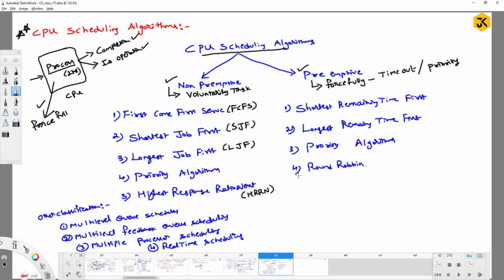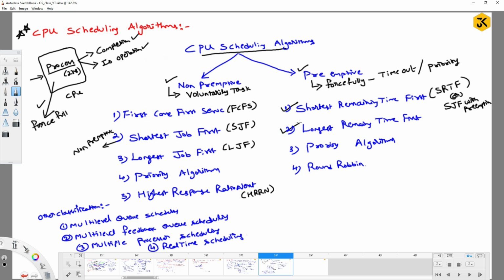Coming to preemptive algorithms, there is shortest remaining time first, which I can shortly call SRTF, or we can call it SJF with preemption. If you look at the non-preemptive list, SJF is there, right? By default it is SJF non-preemptive. SJF with preemption is also called SRTF, shortest remaining time first.